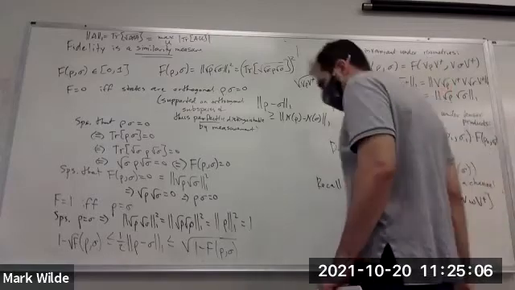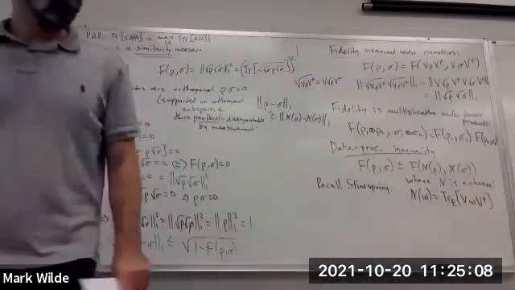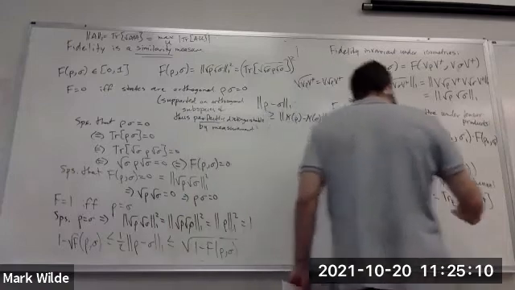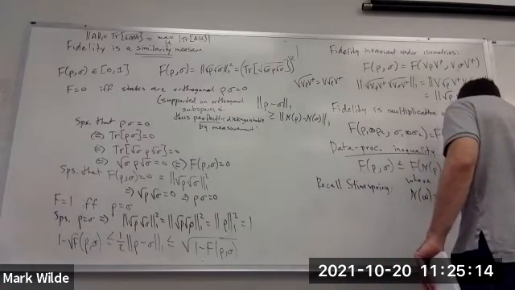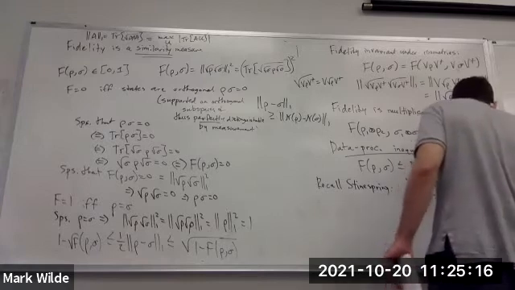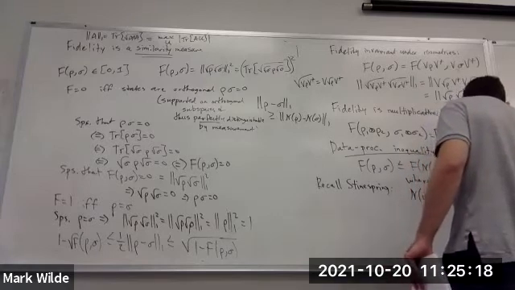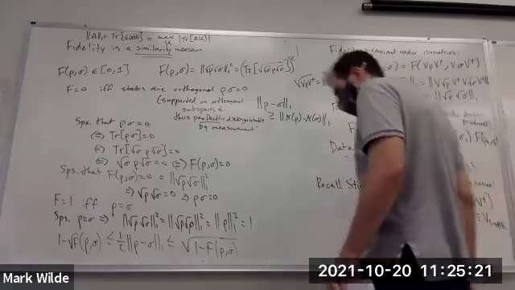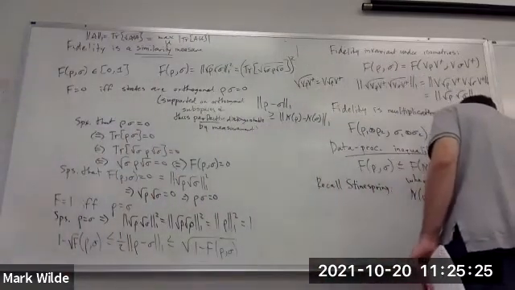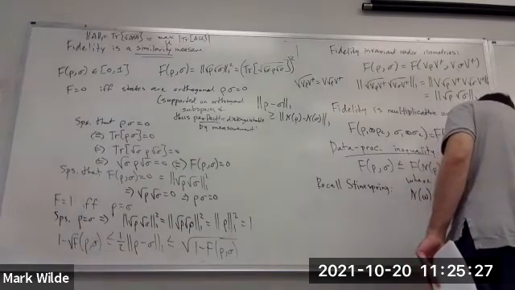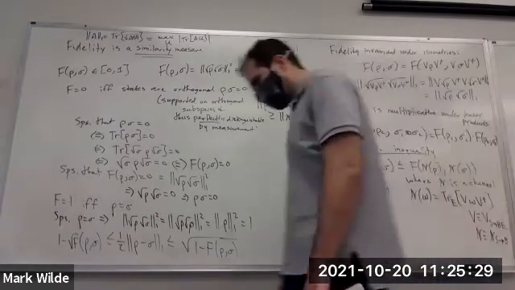I'm omitting subsystem labels. Why don't we write it for clarity? V is a shorthand for V going from S to S and E. S is the input of the channel.